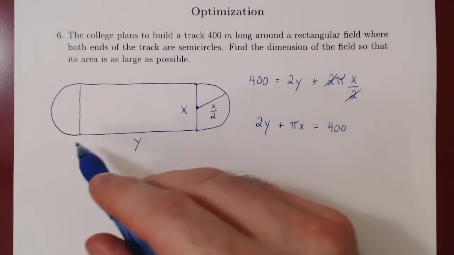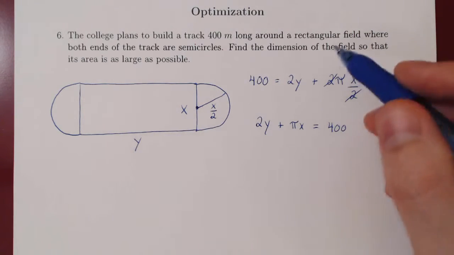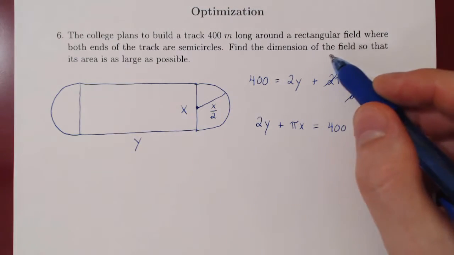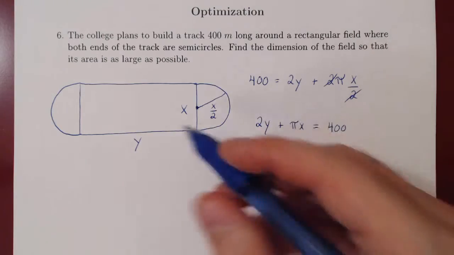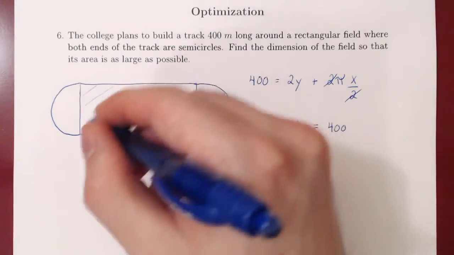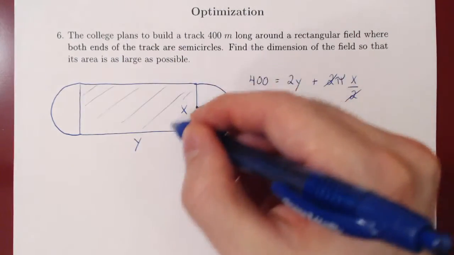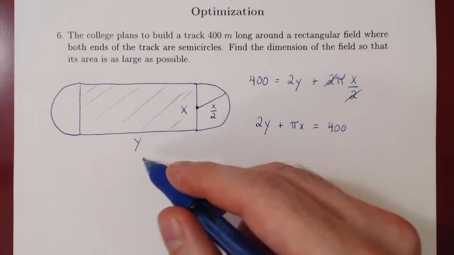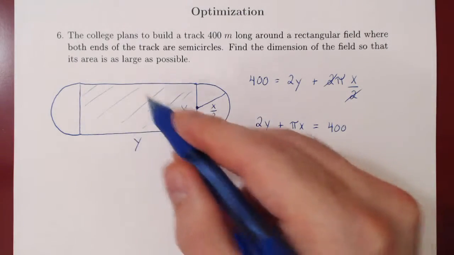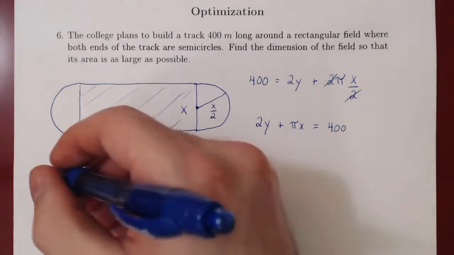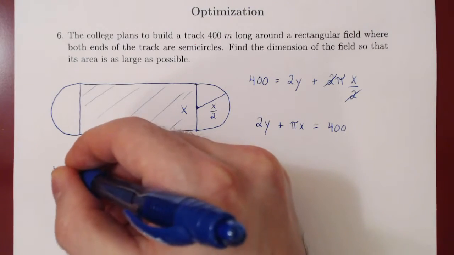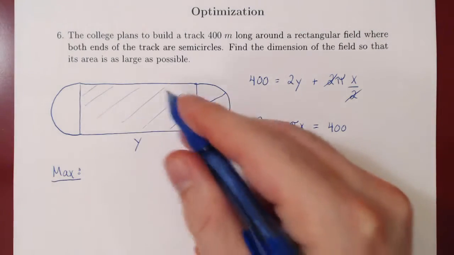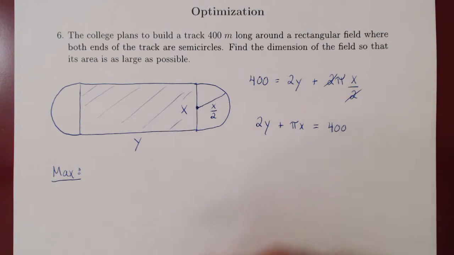Well, we want to find the dimension of the field, so the values of x and y, so that the area of the rectangular field, and be careful, we are talking here about the area of the rectangle only. And we're asking, how do we choose x and y so that the area of the rectangular field is as large as possible? So we are trying to maximize, clearly, the area of our field, but that is x times y.